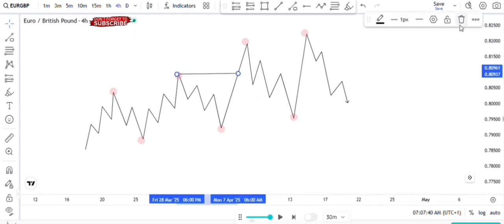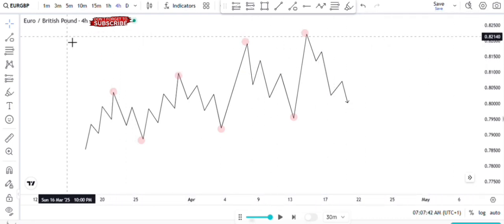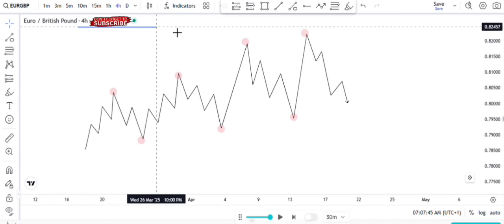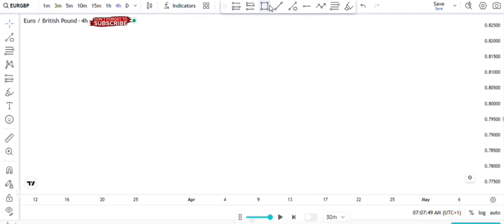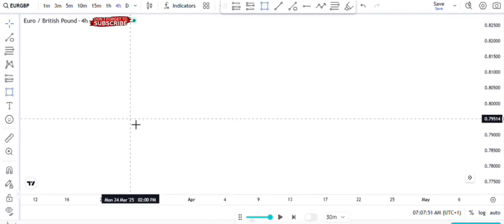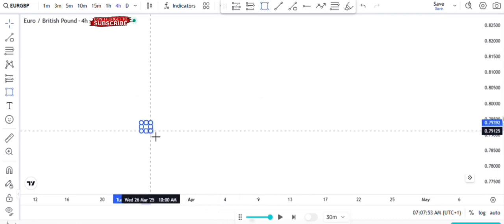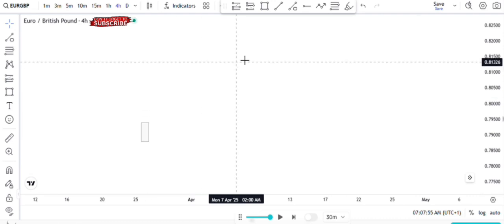order block. Okay, now let's clean this up and talk about order block. When we say order block, it is usually the last bearish or bullish candle before the impulsive move.